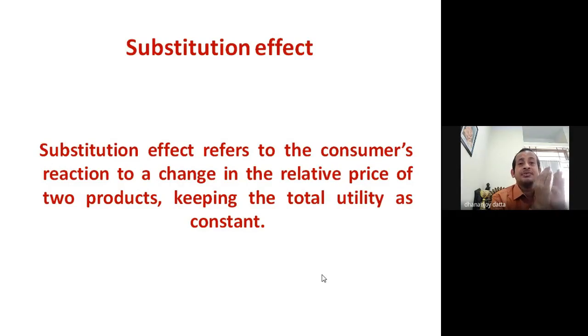Then the income effect. The income effect says that when there is a fall in the price of one commodity, say for example when a customer is using a combination of products A and B, the purchasing power of the customer will go up, and vis-a-vis, real income will also increase.